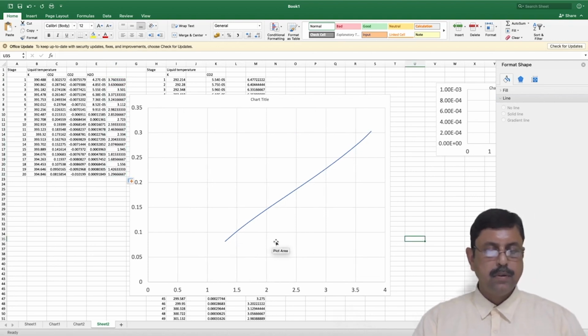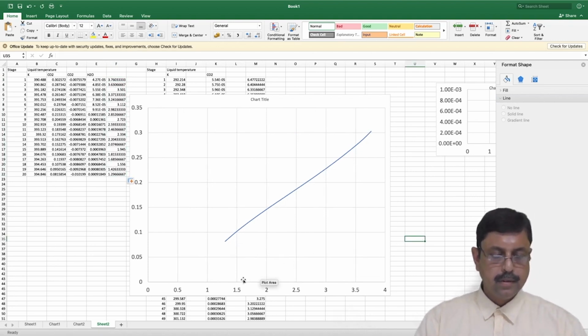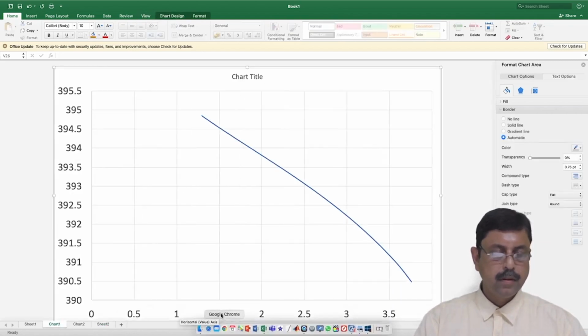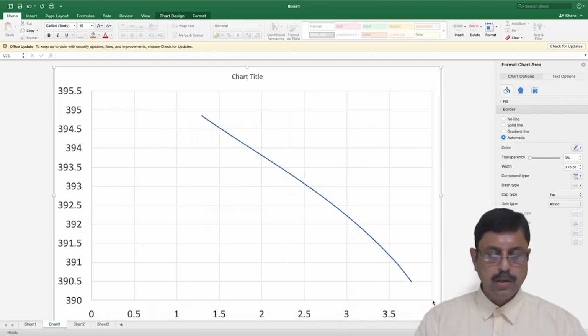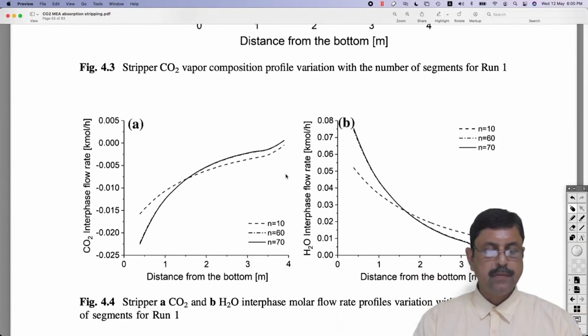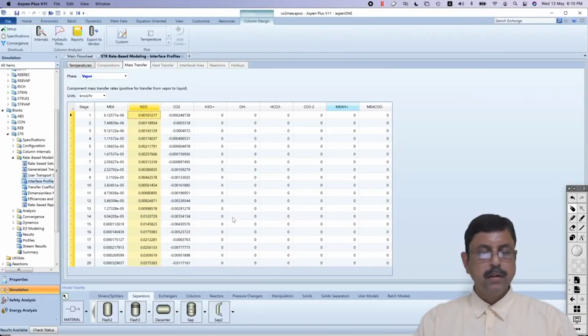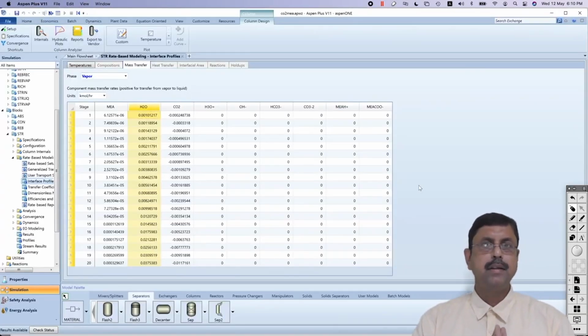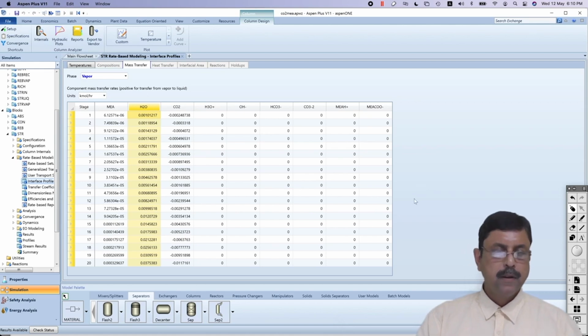Okay, now it has from 1 to 3.89. The trend is definitely same. Okay, so we can argue that our trend as well as the numbers, they are matching.